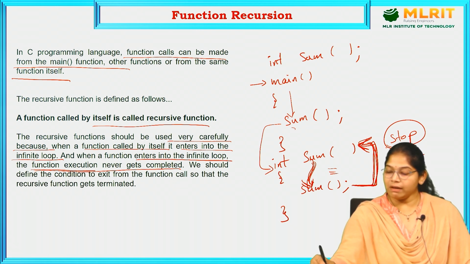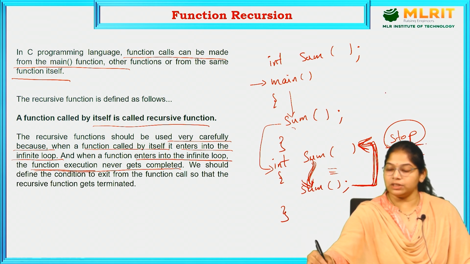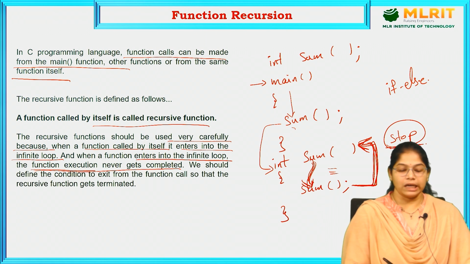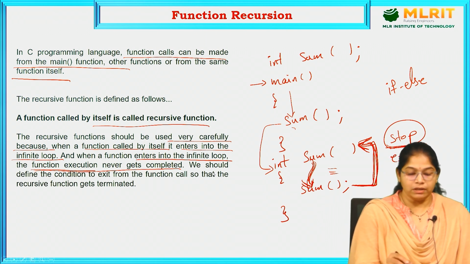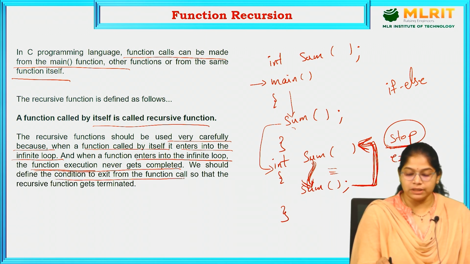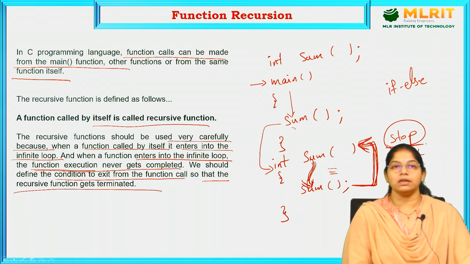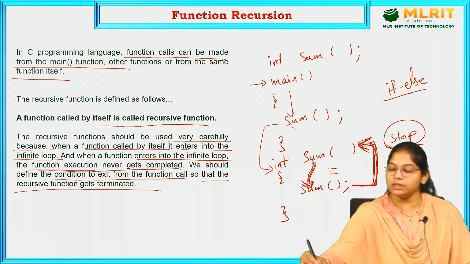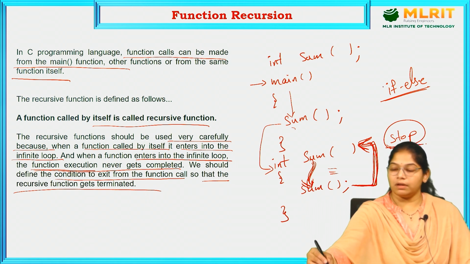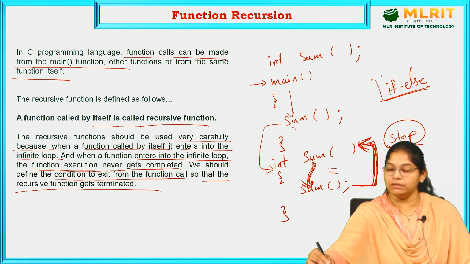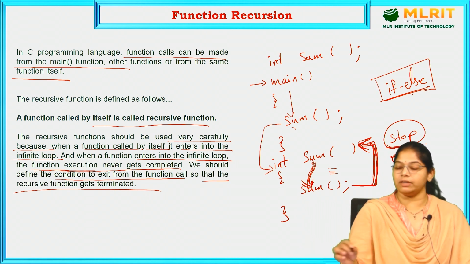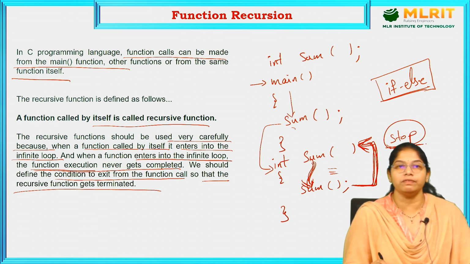We will write this stopping condition in function recursion using an if-else construct. You should define a condition to exit from the function call so that the recursive function gets terminated. When you mention this condition to exit from the function call, then the recursion will end.